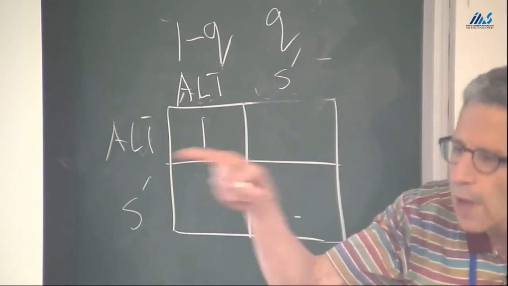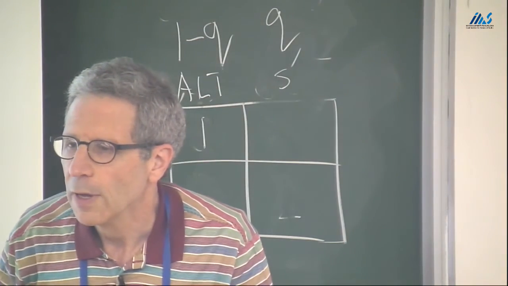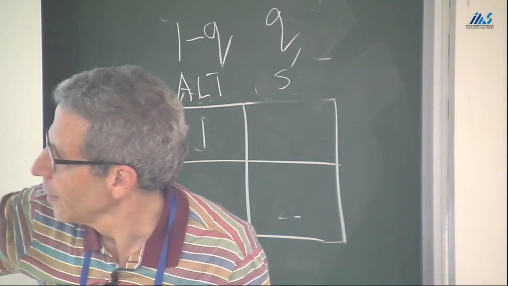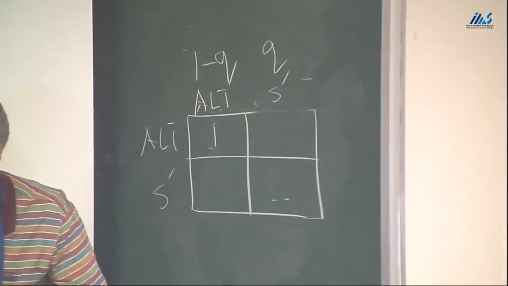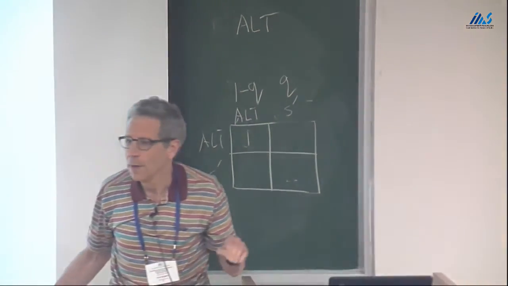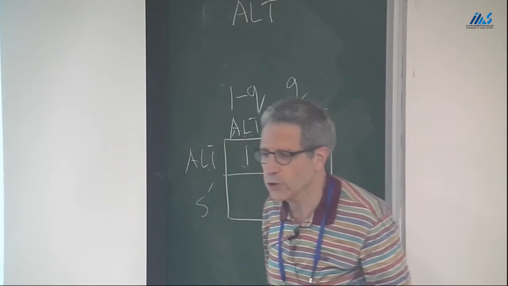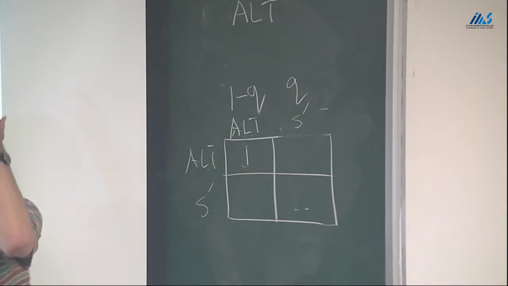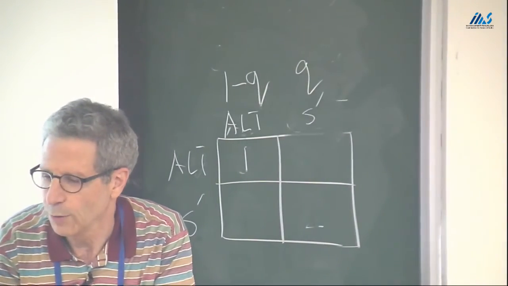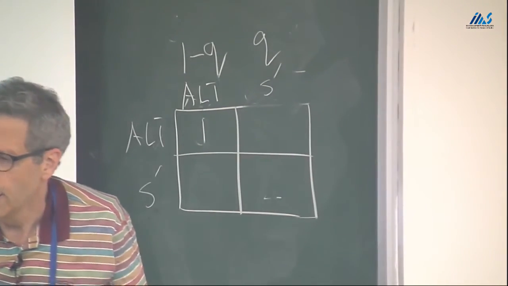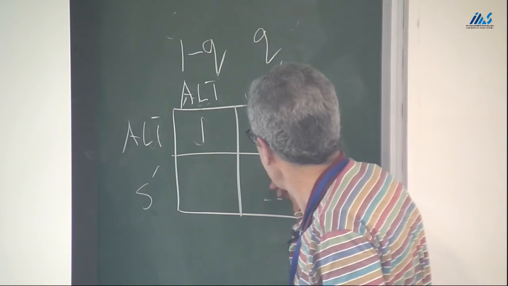If S prime did not go back and forth between C and D, it would get killed by alt. In the long run, it would get an average payoff of 0. So basically, S prime is some other strategy, some mutant that has been introduced into the population. A small group of mutants. S prime against itself might do pretty well. So this could be 2.